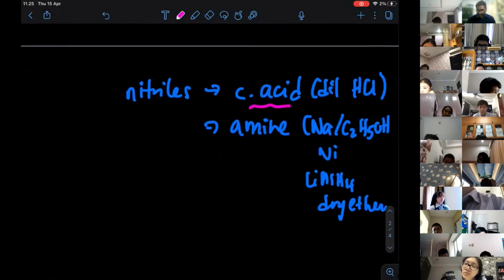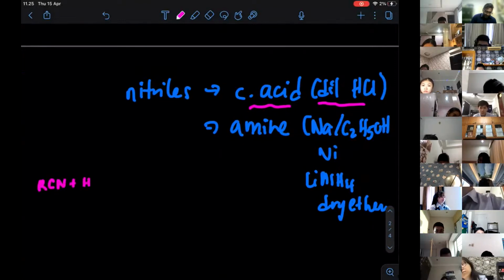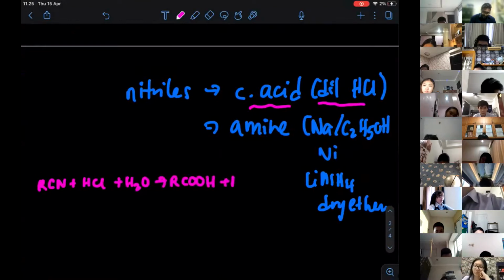I hope you remember the reaction with dilute HCl gives you carboxylic acid. Let me refresh your memory: RCN plus HCl plus H2O gives you RCOOH plus NH4Cl. That is one of the reactions of nitrile.